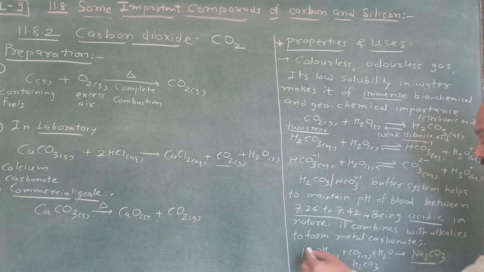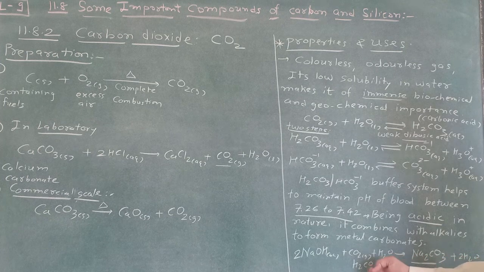Here we have to take 2 moles, and that's why twice Na and CO3, it gives Na2CO3, and twice H plus and twice OH minus. So once again 2 moles of water are released.